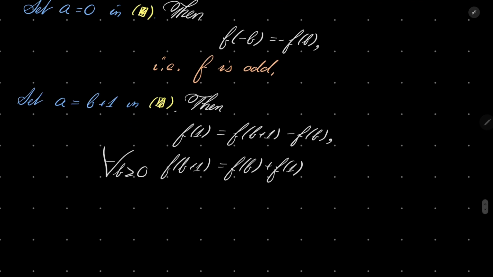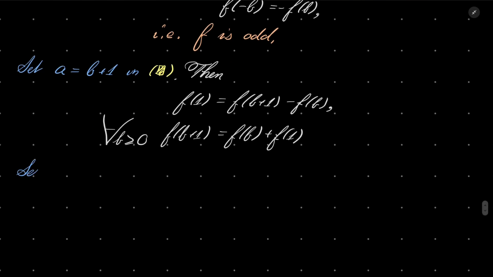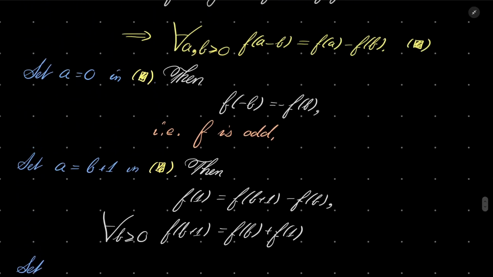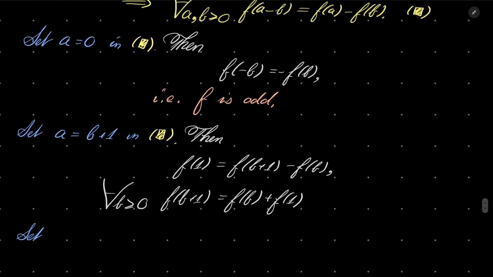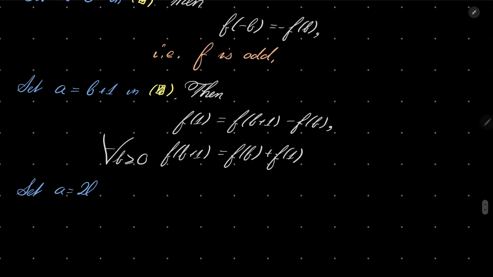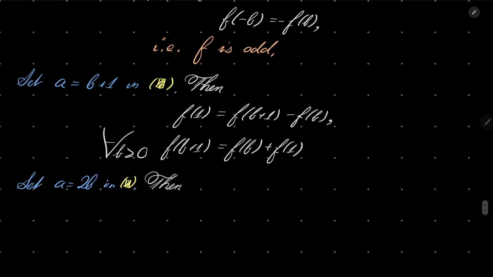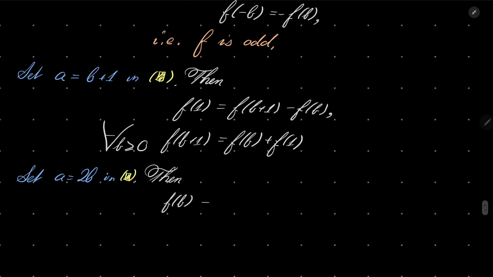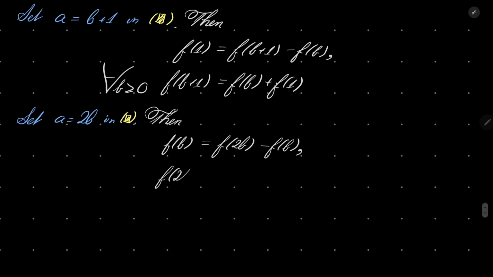And finally, I will set a to be 2 times b in our condition. Then I have f of b equals f of 2 times b minus f of b. In other words, f of 2 times b can be written as 2 times f of b for every non-negative number b.